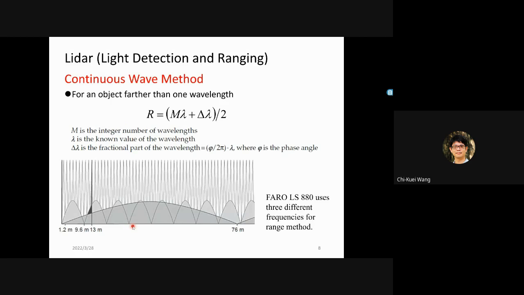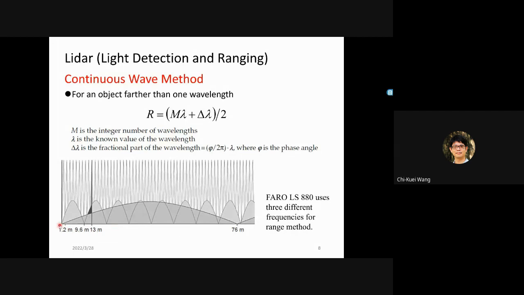So how do we put this equation to real use in practice? As we all know, the real distance must have experienced several wavelengths. So how do we tackle this multiple wavelengths issue? This is one of the commercial systems. Instead of using a single wavelength to do the measurement, it uses 3 different wavelengths.